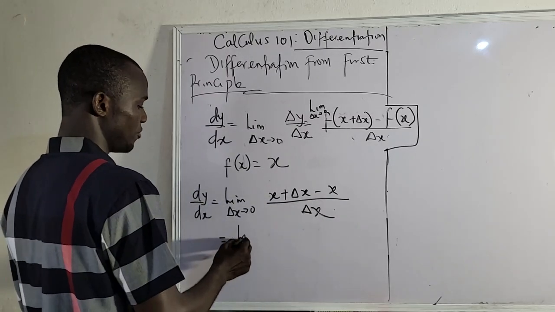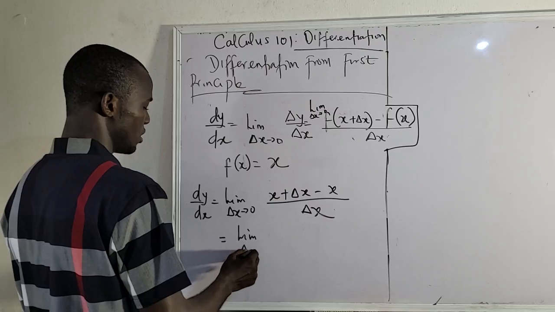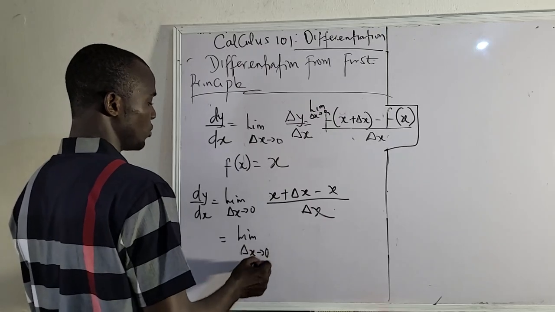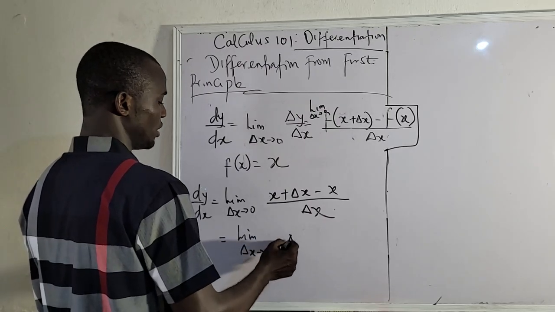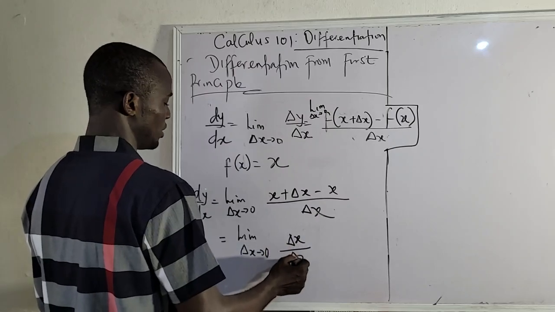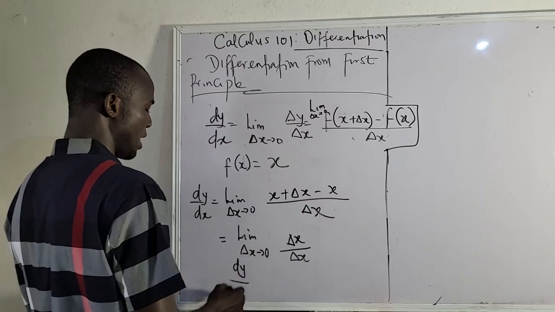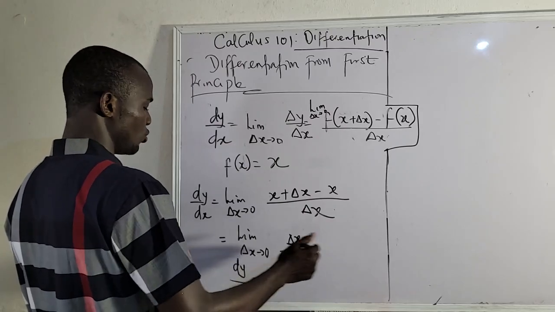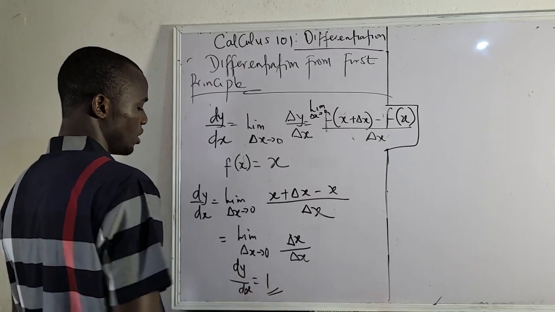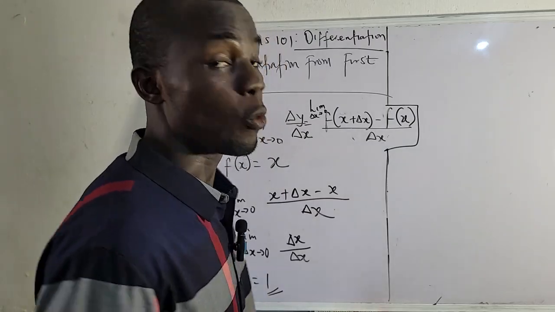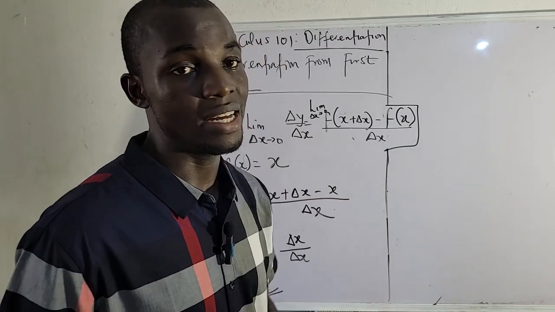From here, you will have the limit as dx goes to 0 of change in x over change in x. And clearly, you can see that you don't even have to apply the limit here, you just know that this will go to 1. That will be 1 already. Our dy over dx is 1.